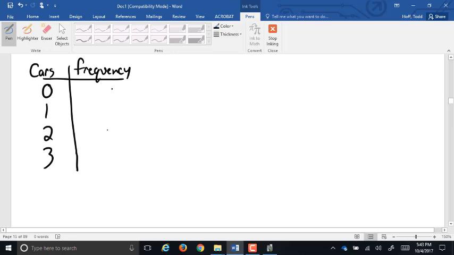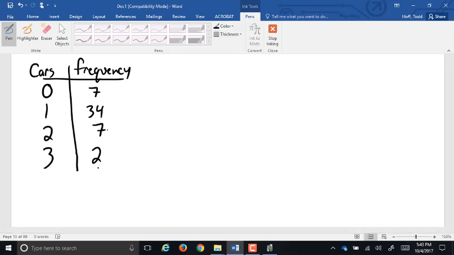Let's say we surveyed a group of people to see how many cars they own. And let's say we had 7 people that said 0. We had 34 people that said 1. We had 7 people that said 2 cars and 2 people that own 3 cars.